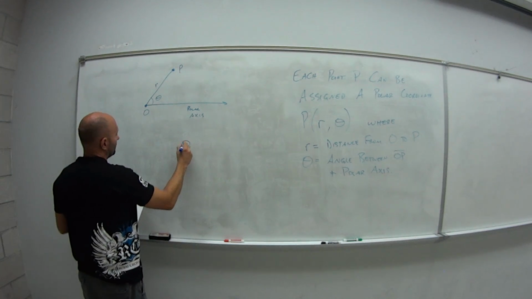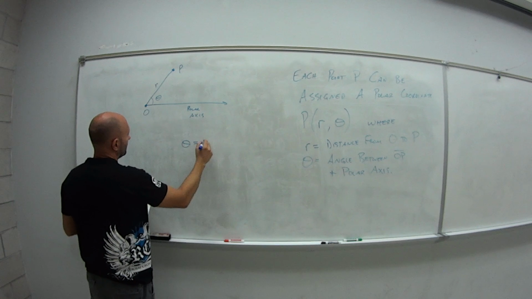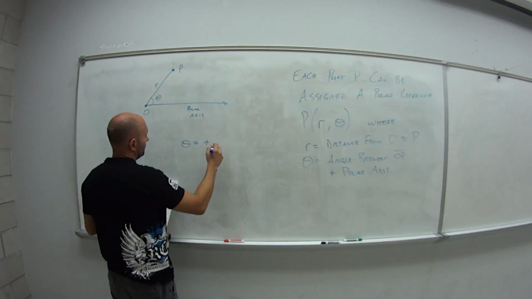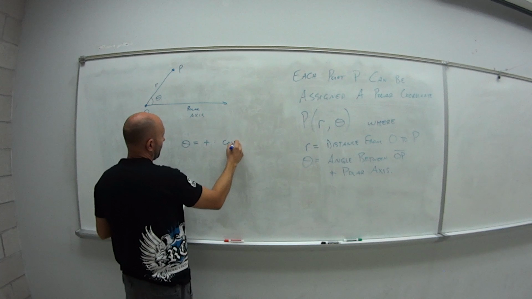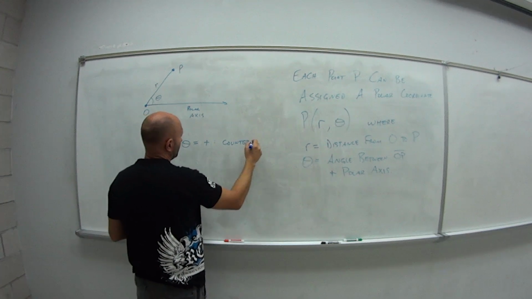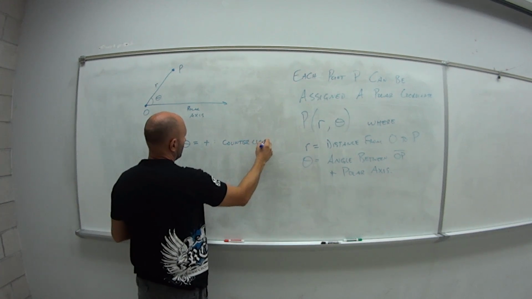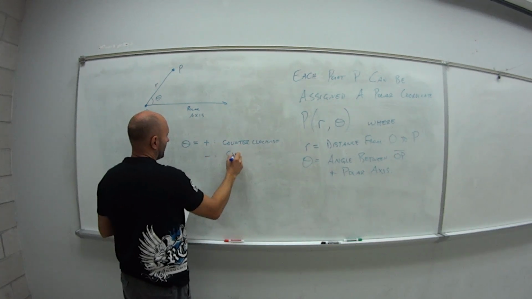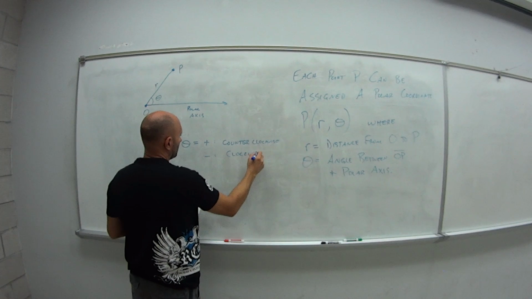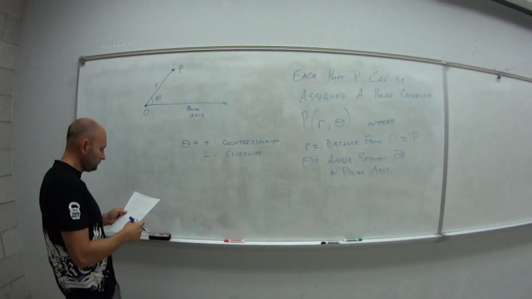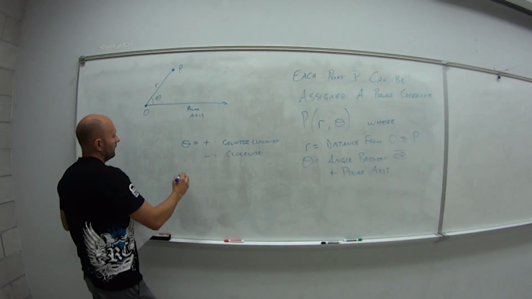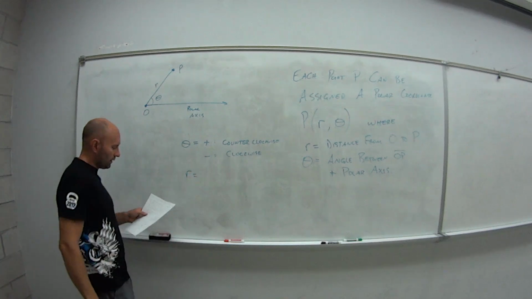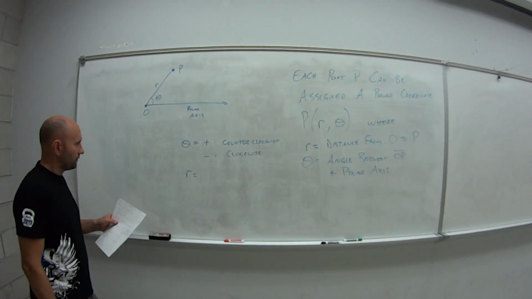So then we have a few things. For theta, it's positive if we're going counterclockwise, just like when we were dealing with the unit circle. It's negative if we're going clockwise. And then our r can be positive or negative.